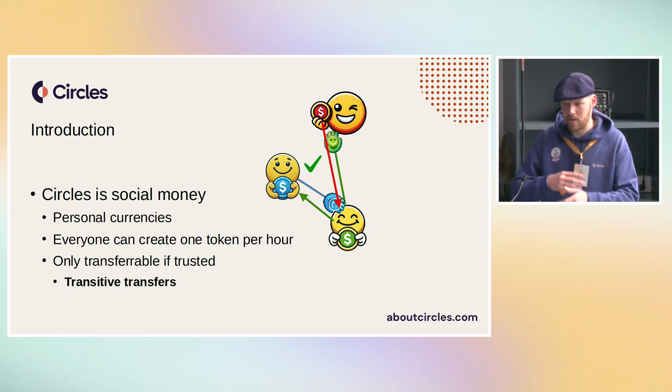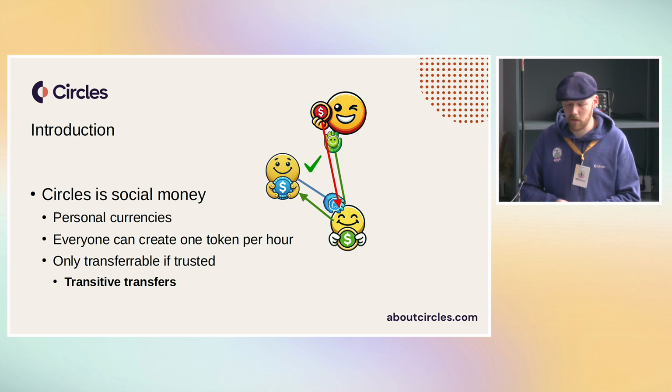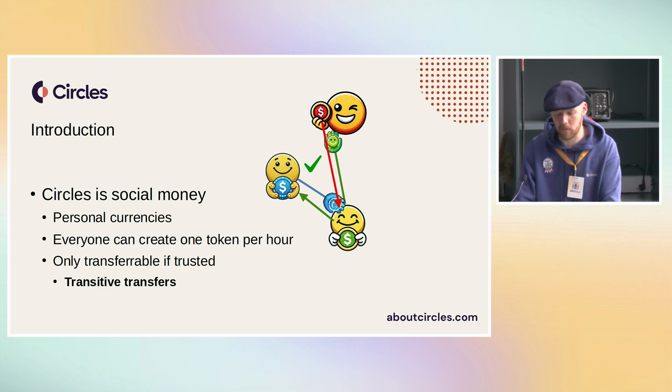What happens in the background is that a component called the Pathfinder will do token swaps for you. First, red sends to green and gets some green tokens that blue in turn accepts, and then red can send to blue via the green smiley.